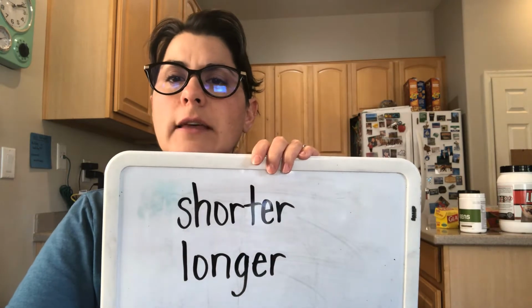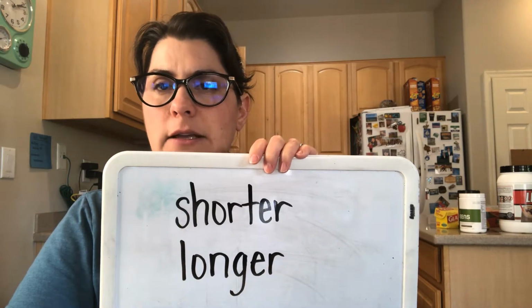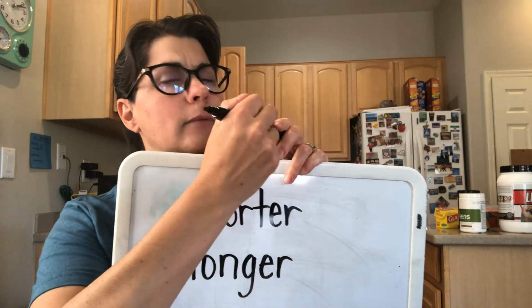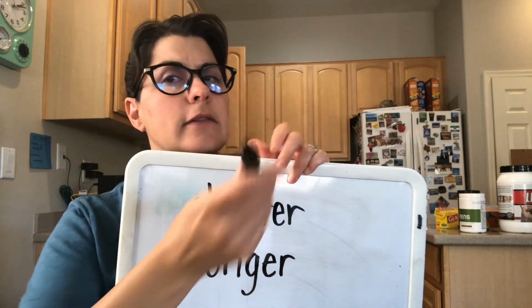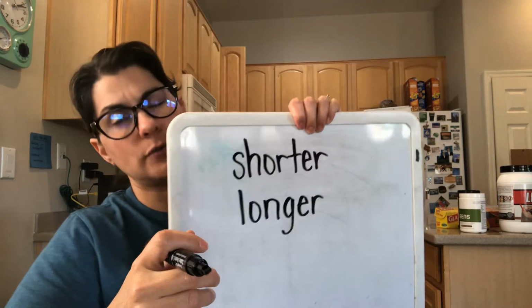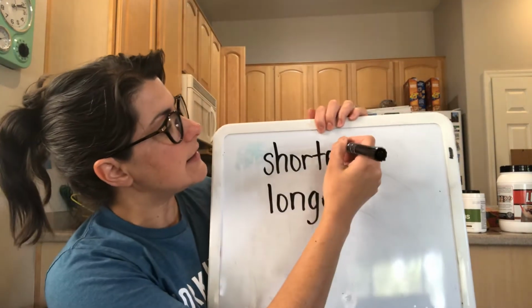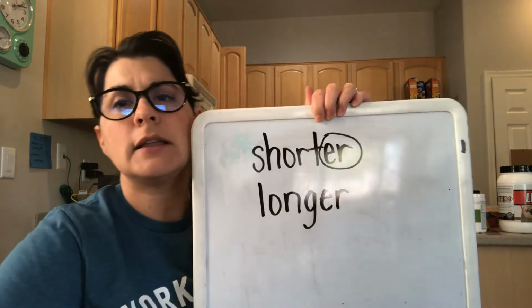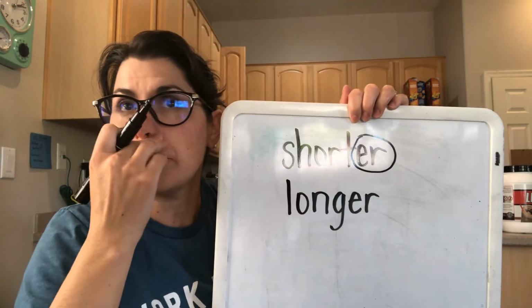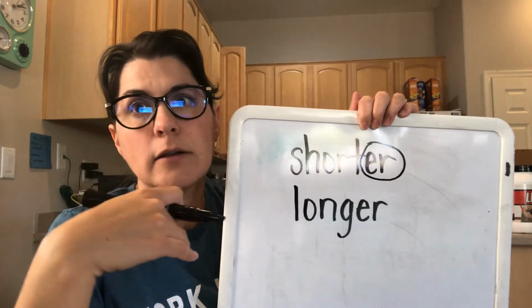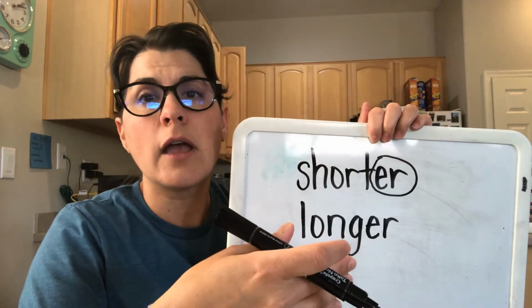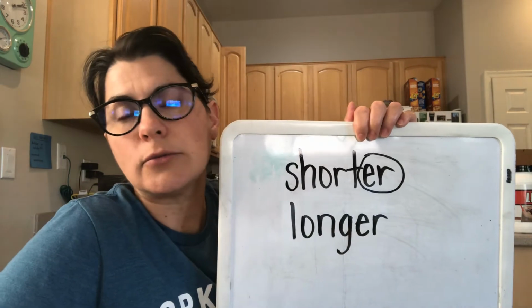So I went ahead and I wrote the word shorter and longer. So if I look at that word, right away I can tell you I see a suffix at the end. And it's not a suffix that we spell with yet in Foundations, but it's a suffix Mrs. Lloyd has told you about. It's suffix ER. Now, ER suffix can mean a couple different things. If I put it at the end of something like the word read, and I say reader, then it would mean a person who reads, right?